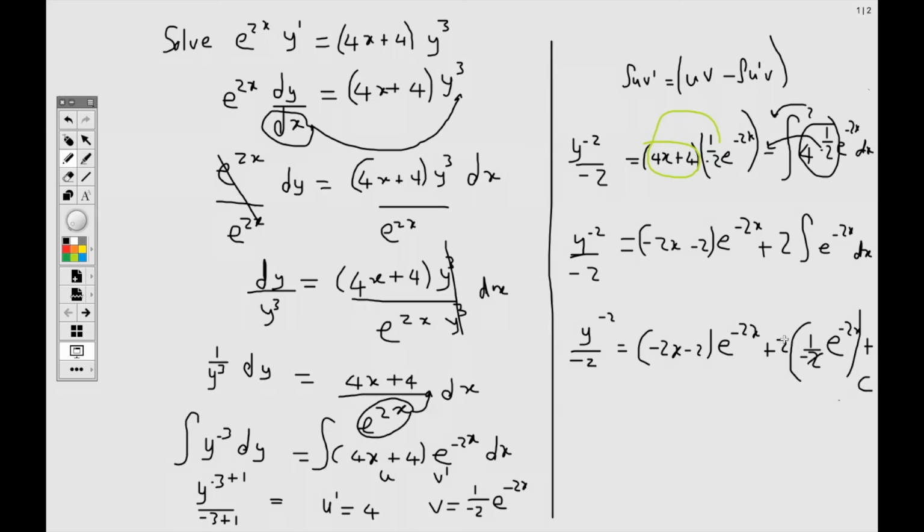Now the 2 would cancel the 2 and the sign will change to a minus. So what do I have?